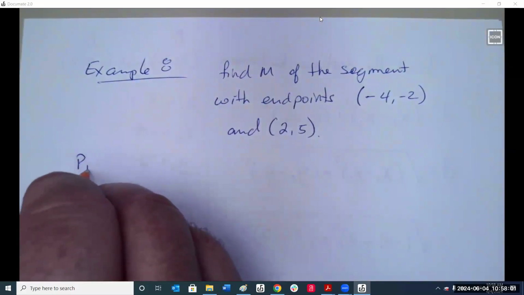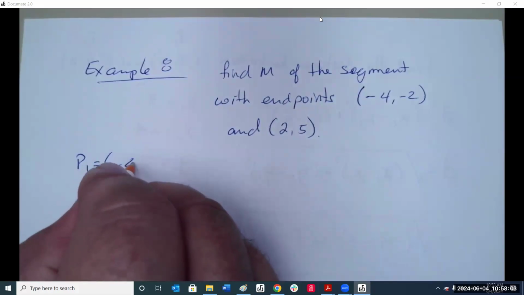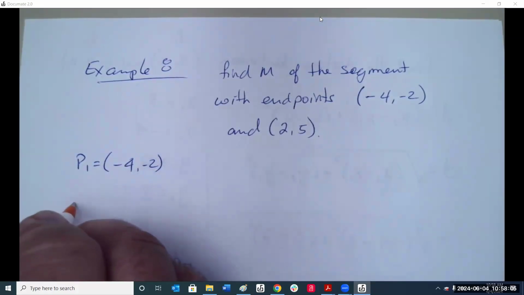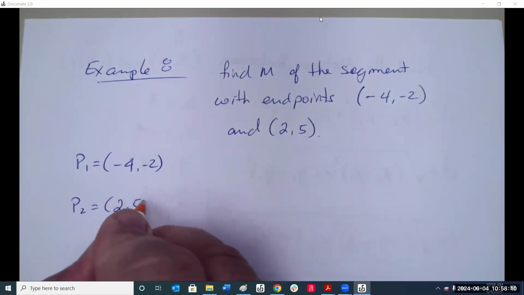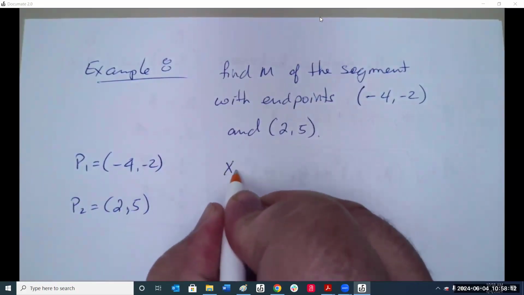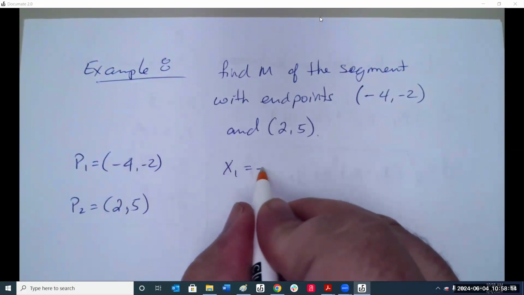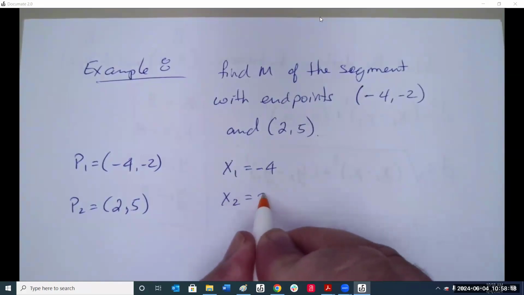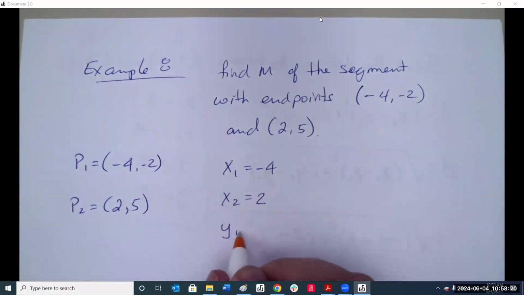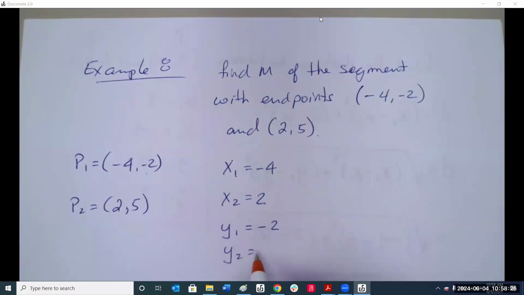So we have point 1 is at -4, -2. Point 2 is at 2, 5. So X1 is at -4. X2 is at 2. Y1 is at -2. And then Y2 is at 5.